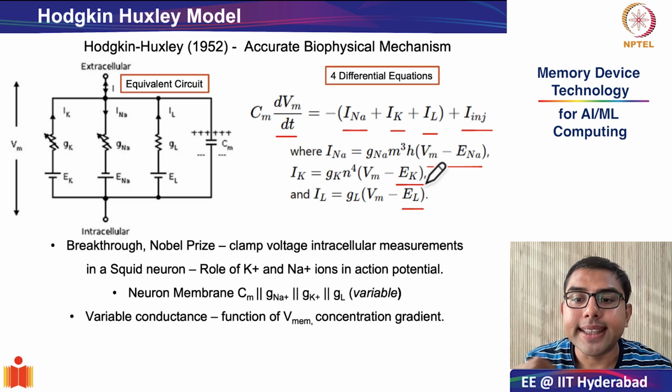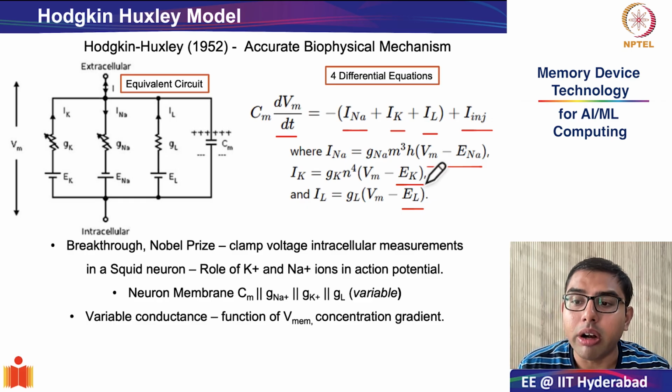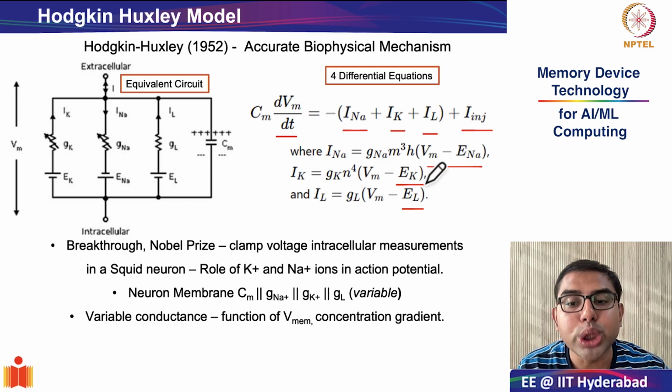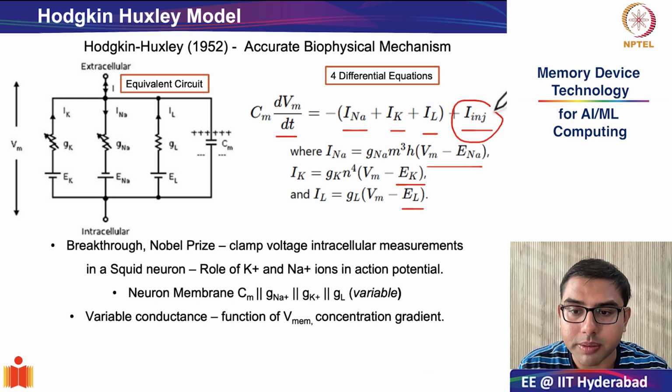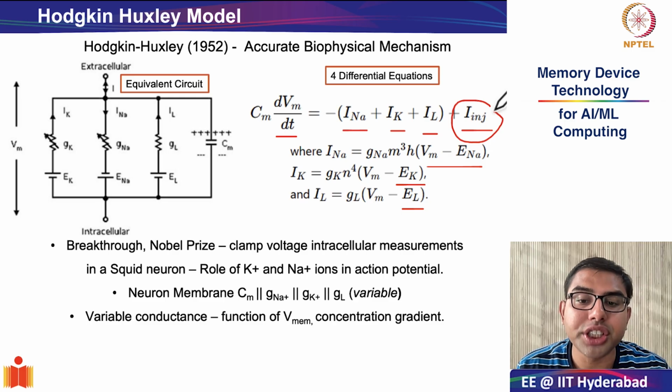Not only that, these ionic currents also depend on voltage gated channels, which are represented by gating variables such as m, n, and h, which control how open or closed these channels are. An external injected current can also push the voltage up and down, as you can see in this particular expression. Together, these equations explain how complex interactions of ion flow can generate electrical signals inside these neurons.